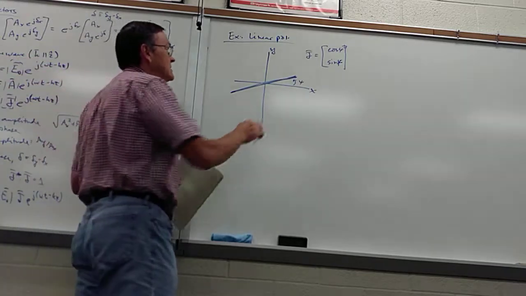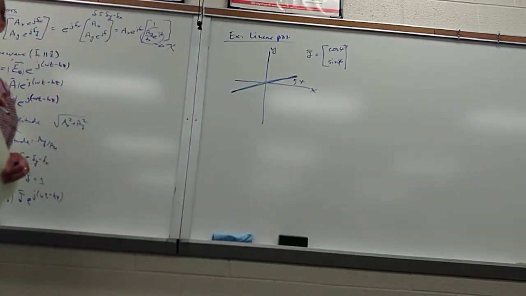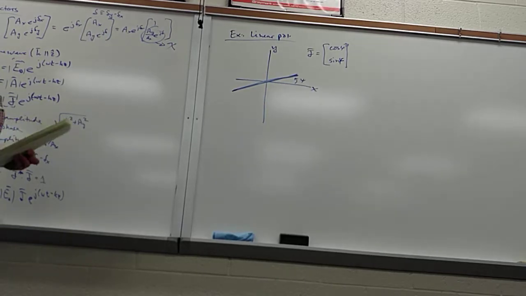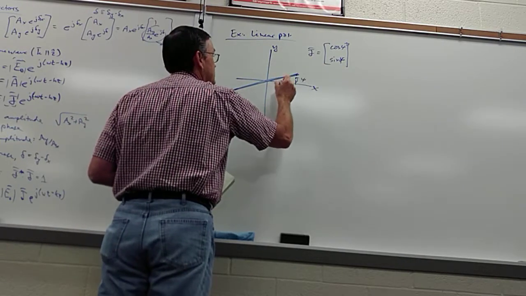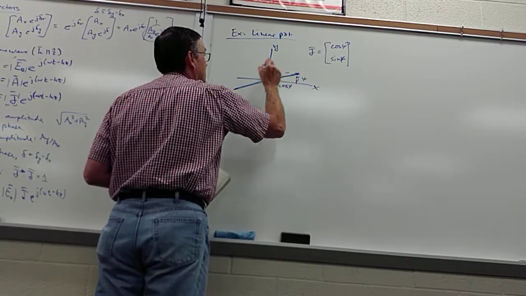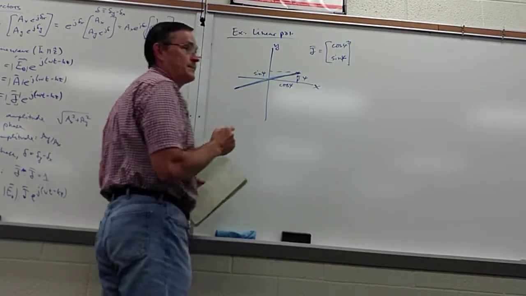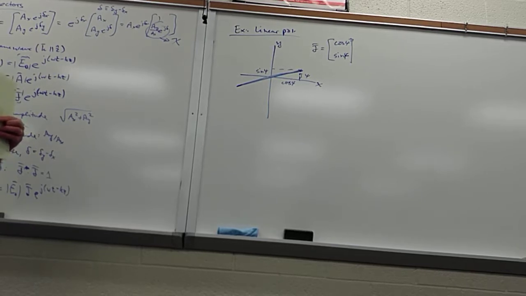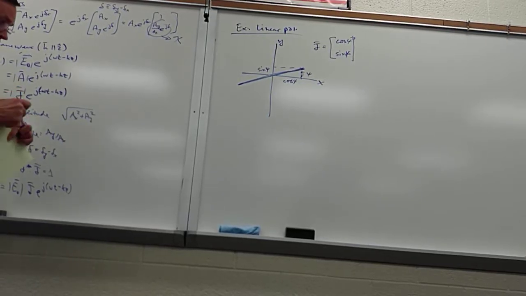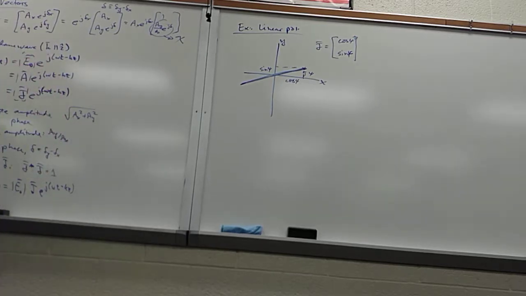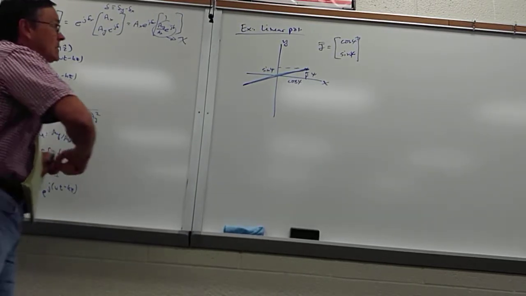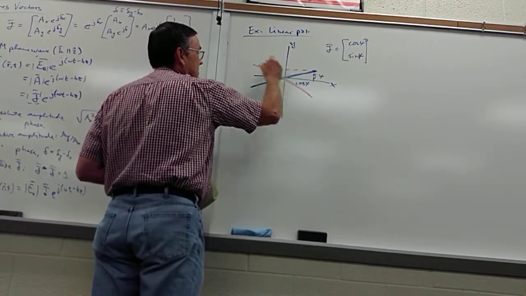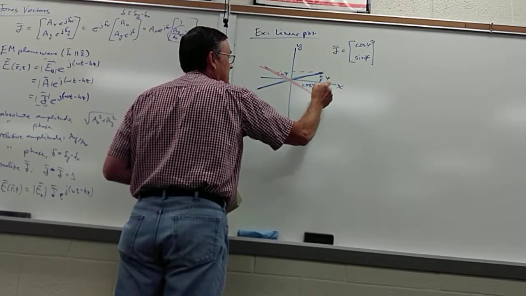Notice this is a normalized Jones vector. We're not worrying about absolute amplitude. This is cosine of psi, and that is sine of psi, and then delta is 0. If we had this other state instead, then psi would be here.